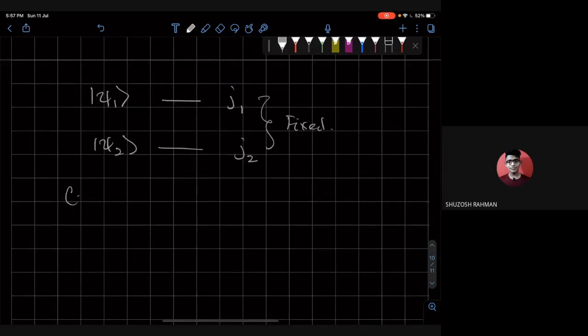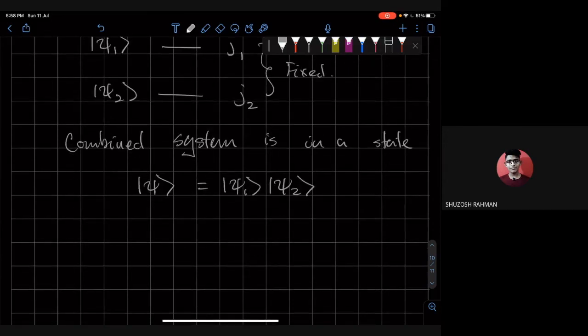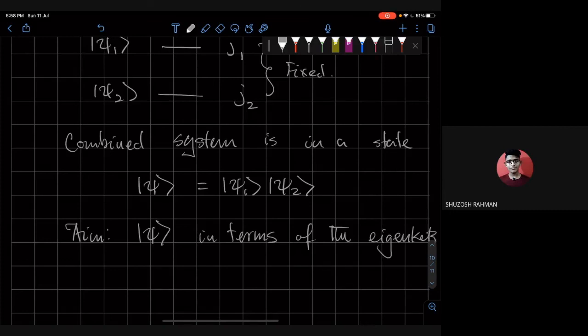So the combined system is in a state psi, which is given by the tensor product. Sorry, let me rephrase that.